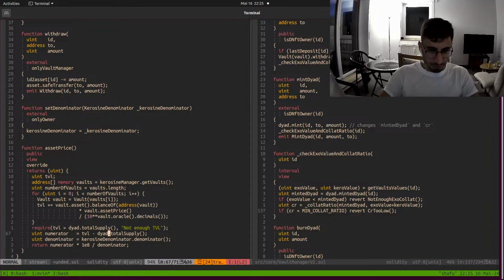So actually this check is completely unnecessary, because this fails if it's not the case, right? Yeah, of course. Require, if not.